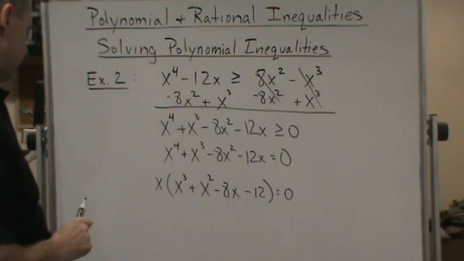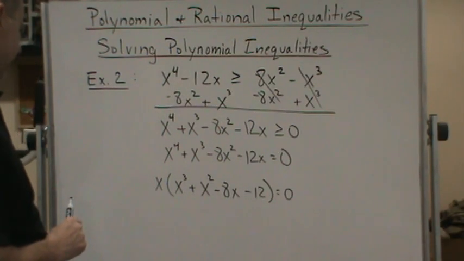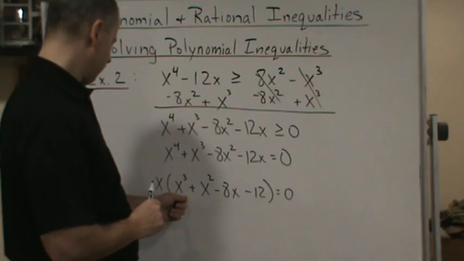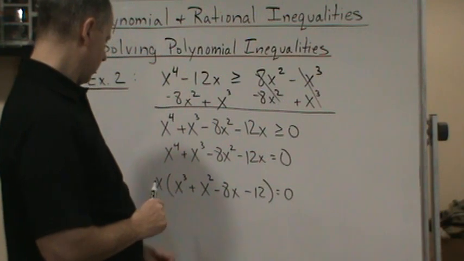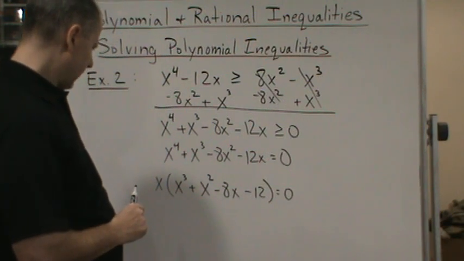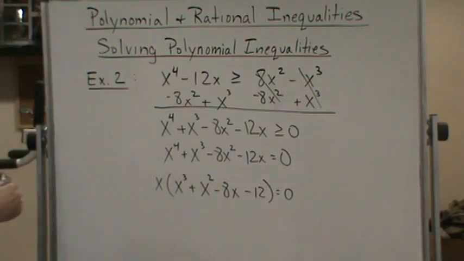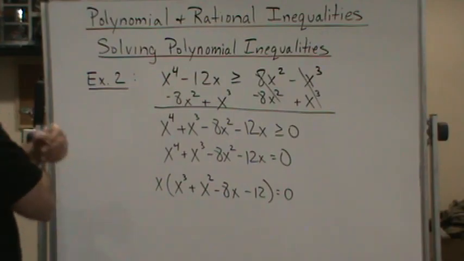And let's see, it looks like, can we factor by grouping here? If I group these two, let's see. That's not going to give me a common factor.